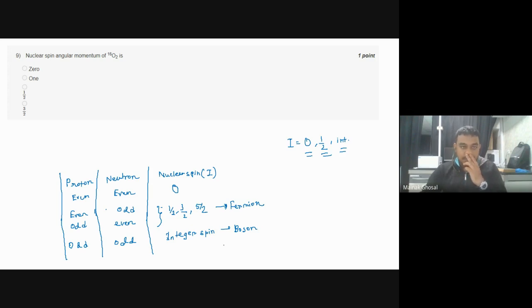So you have to calculate for 16O2 which of these combinations is followed by 16O2. Now you can do that. For 16O2, is the number of protons odd or even? How many protons does oxygen have?